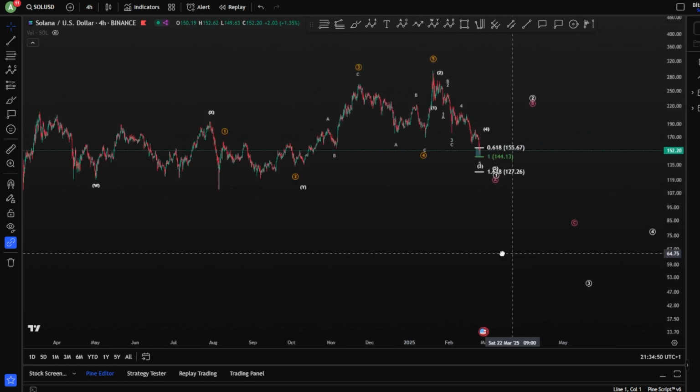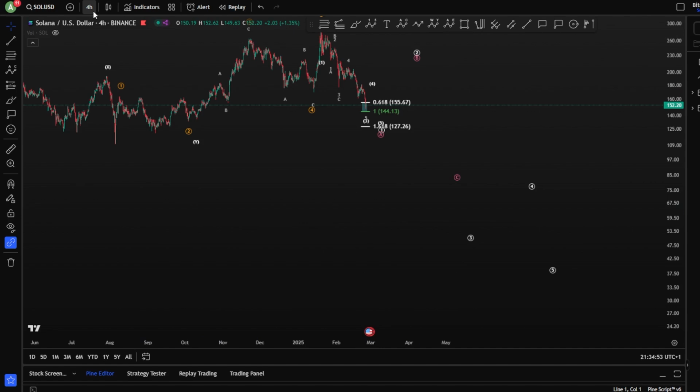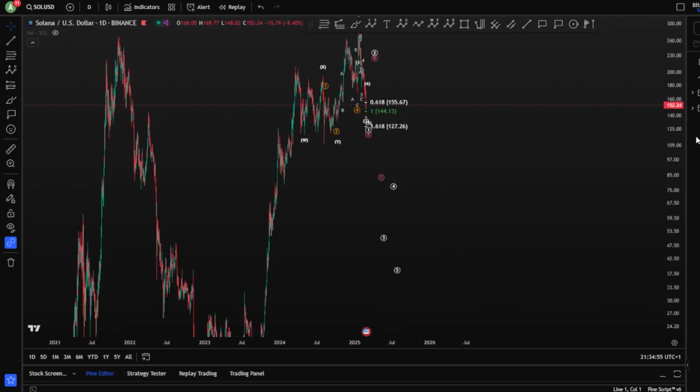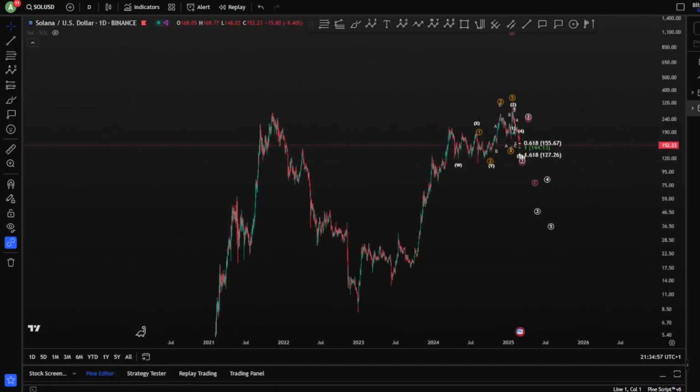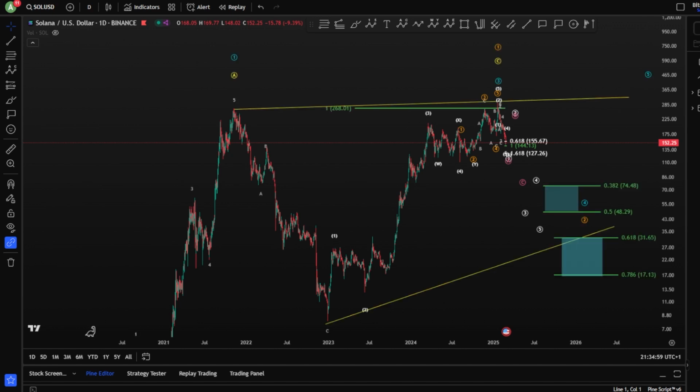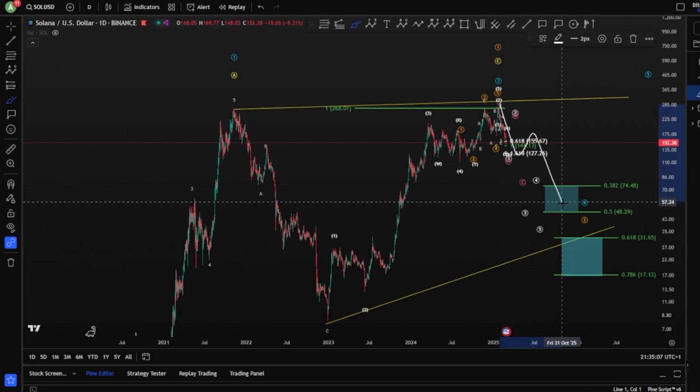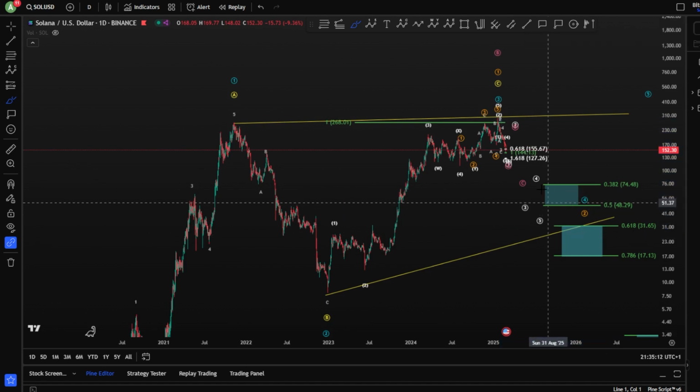We can remove it. And yeah, so basically, in a bigger picture again, if this is your wave A, B, and a C, right? So if we are looking for this target, you would like to have here a kind of an A, B, and a C, somehow like this. Wave 1, 2, 3, 4, 5, this is a very, very strong impulse toward the downside, which I doubt a little bit.